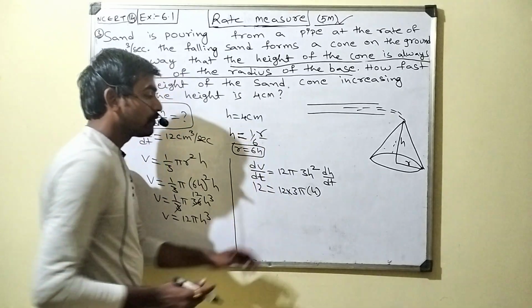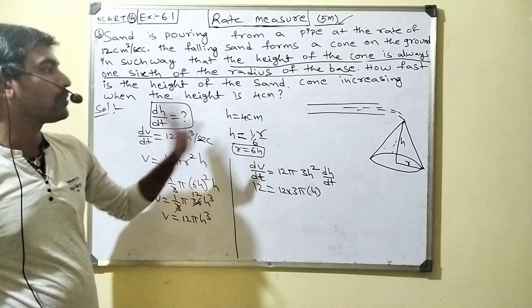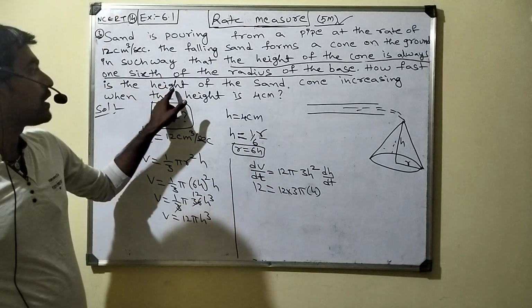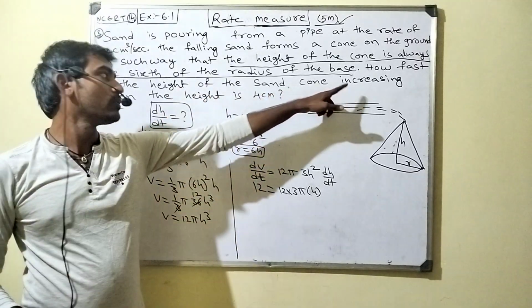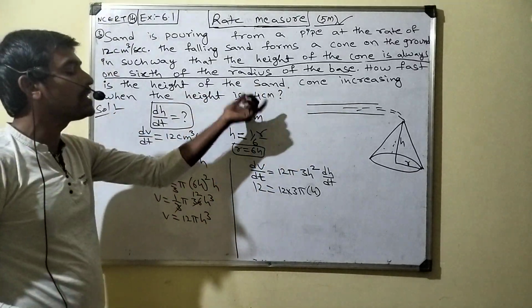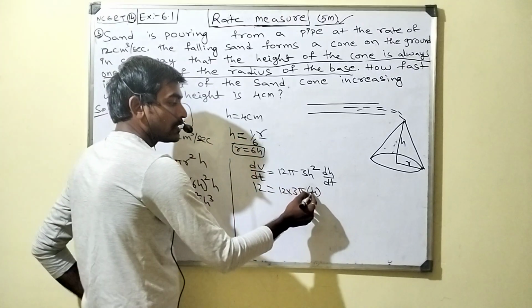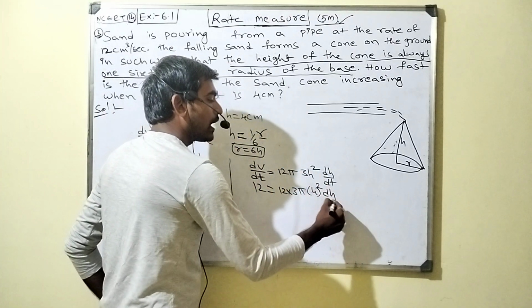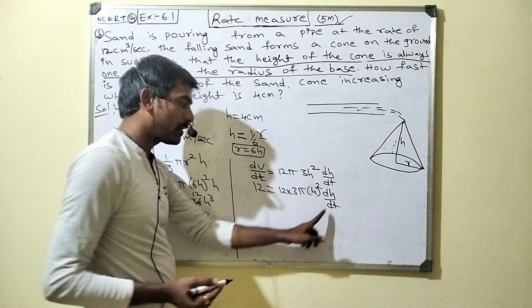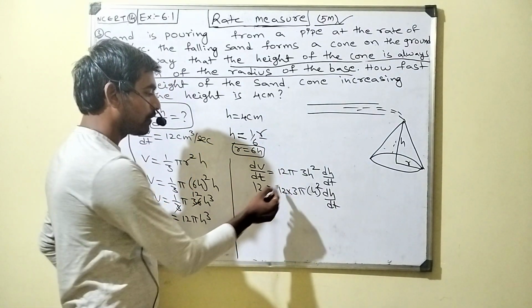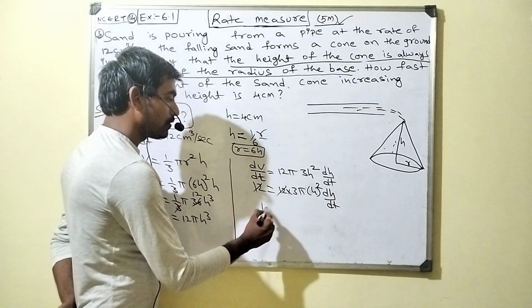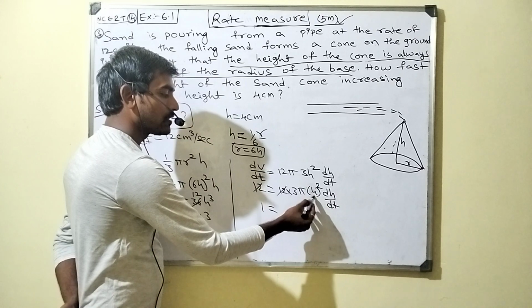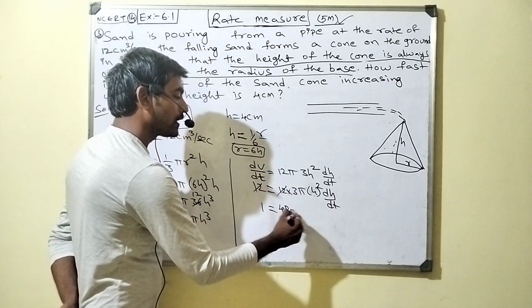When the changes happen, they told h: how fast is the height of the sand cone increasing when the height is 4 centimeters. So height is 4. Our target is finding dH by dt. Just simplify this. 12 gets cancelled, 1. 4 square is 16, 16 times 3 is 48 pi.